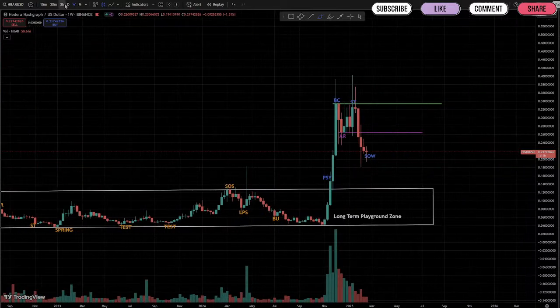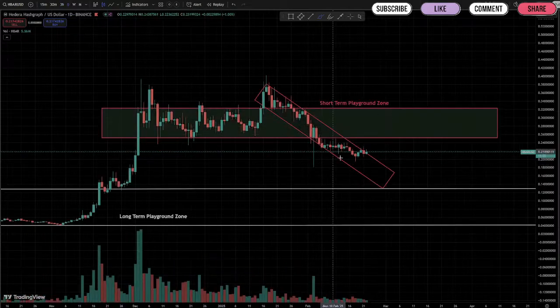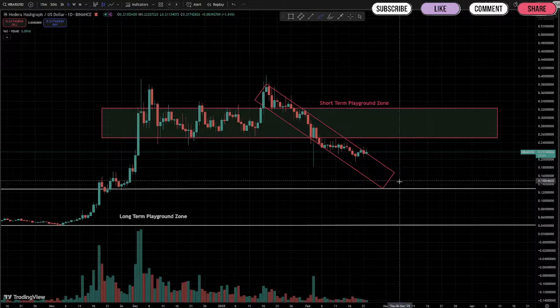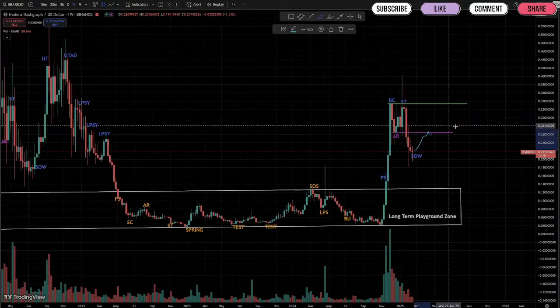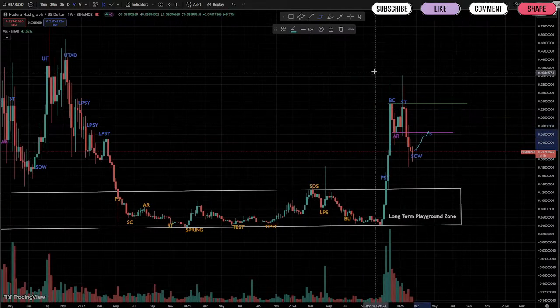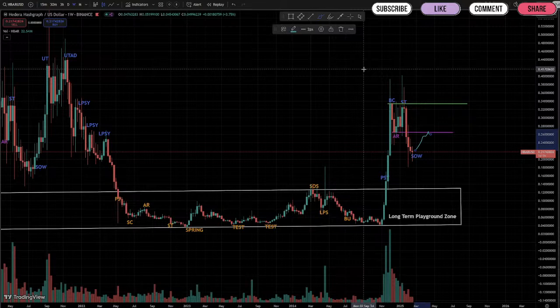Combining what I said in the daily chart, if the price breaks outside of this downward flag, or the downward playground zone, it's a natural thing in the Wyckoff method that it's going to test the new demand. So imagine this, right?